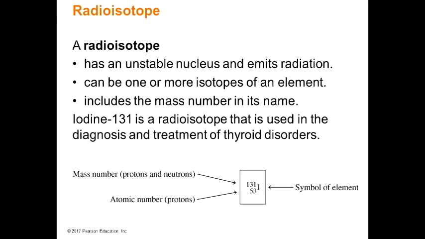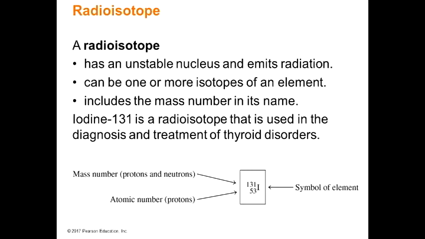Radioactive isotopes have unstable nuclei, emit radiation, and can be one or more isotopes of the element. And when we talk about isotopes, we know the isotopes are influenced by the number of neutrons as well, right? The protons are always the same. You can identify any element by its protons, because the number of protons is equivalent to the atomic number.